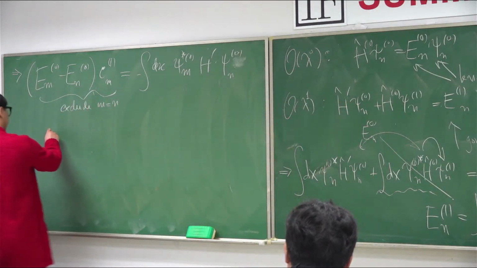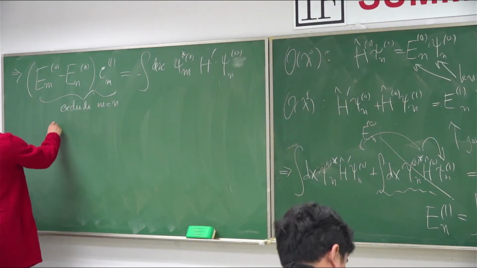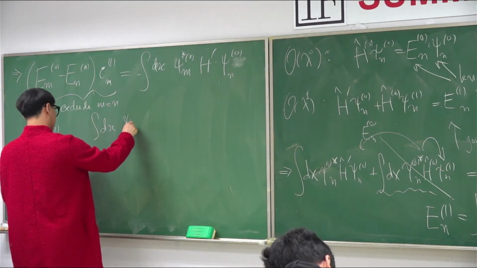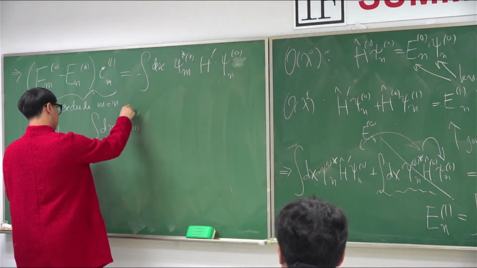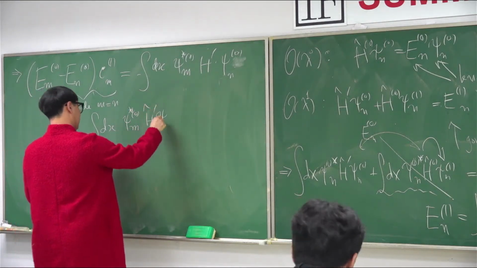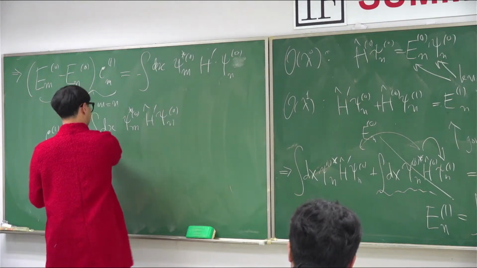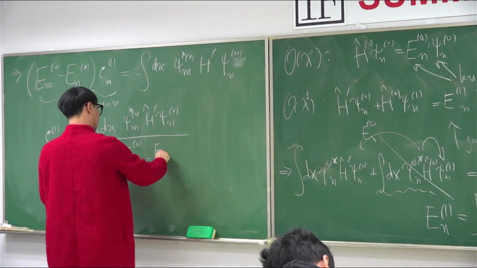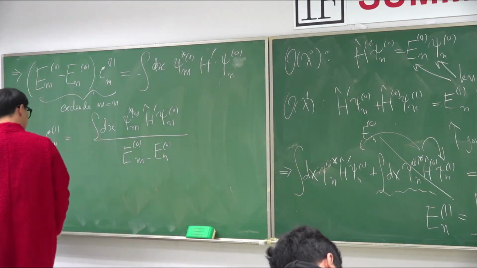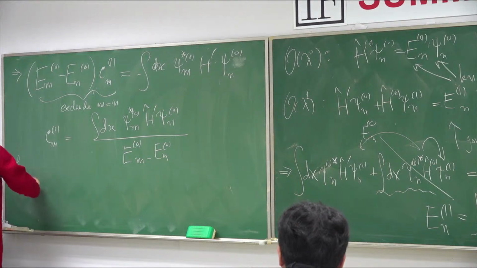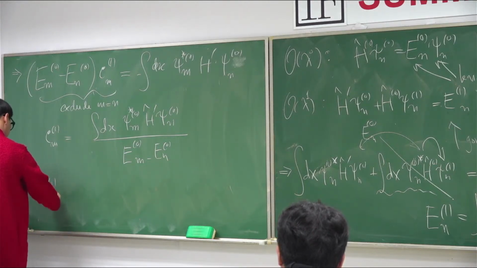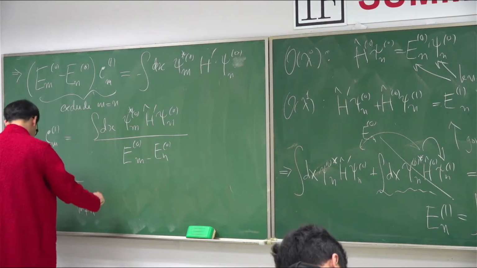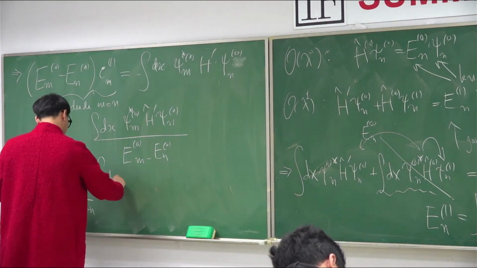So finally, we could get the coefficients in this way. Then your first correction of the eigenstate is going to be this one.